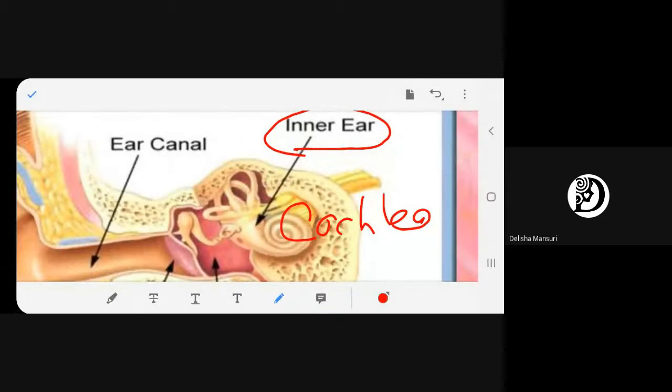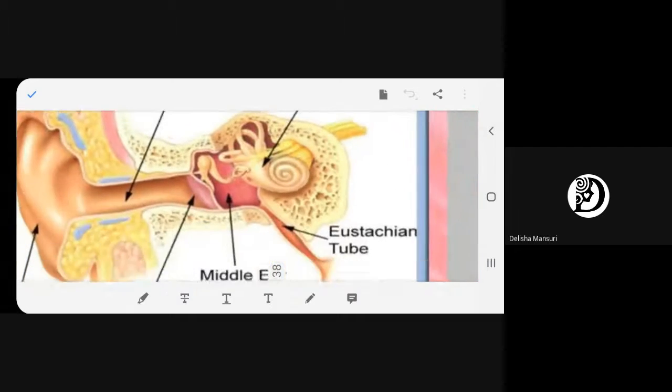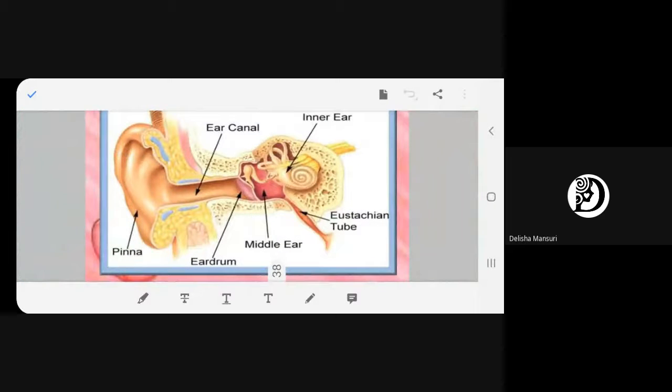Whenever we talk about electrical signals, it goes to the brain. Simple. By what? By the auditory nerves. And then we hear. It is registered by the brain and then we hear the sound. Any problem? Tell me. No, ma'am.